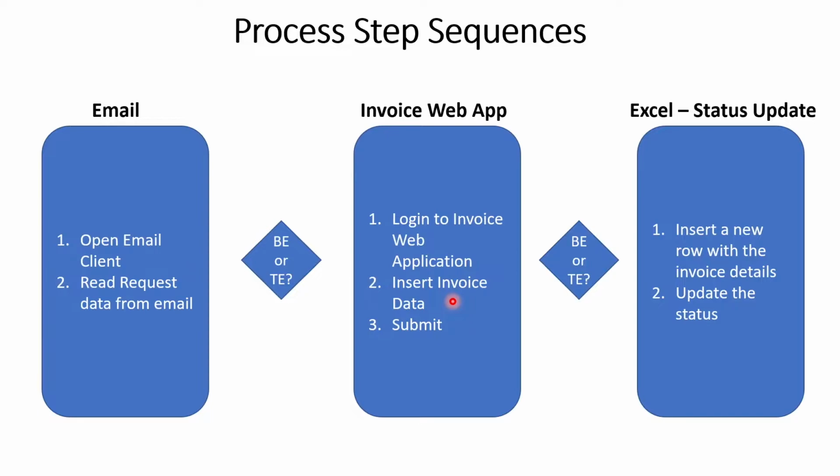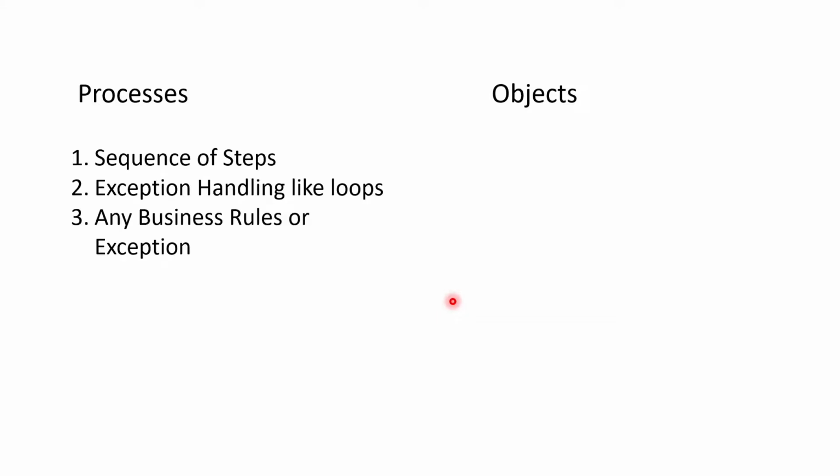So let's see what steps will go in processes and what steps will go in objects. Inside the processes, you will have the sequence of those business blocks, even the sub-steps, like open email and all these steps.